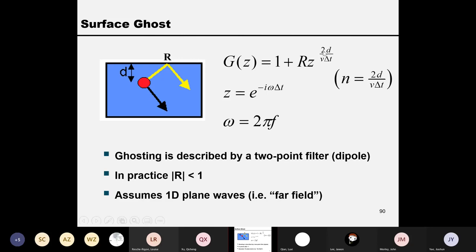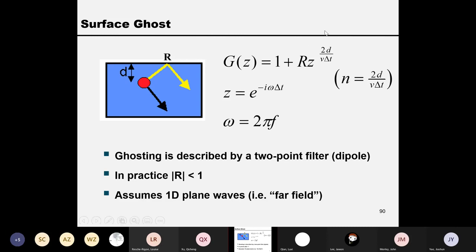You can see here the distance is 2D: going up 1D, coming down, 2D, right? 2D divided by the velocity. The velocity we know is the water velocity, which we said in the previous slide is 1500 meters per second. That's the continuous time, with T. But in the Z transform, we use the index.